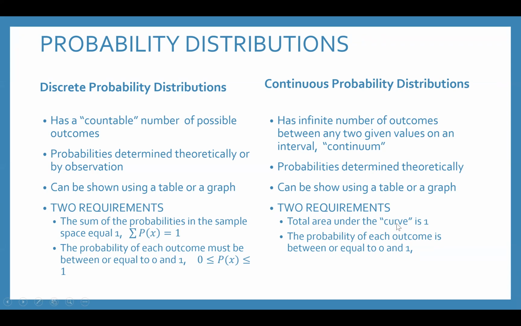And I'm going to be able to show you that when we get to the discussion of continuous probability distribution. So if you'll just hold on, I'll be able to show you that. But it's the same two requirements, that all the probabilities are between 0 and 1, and all the probabilities total or add to 1. They're just stated in a different form for the continuous probability distribution.